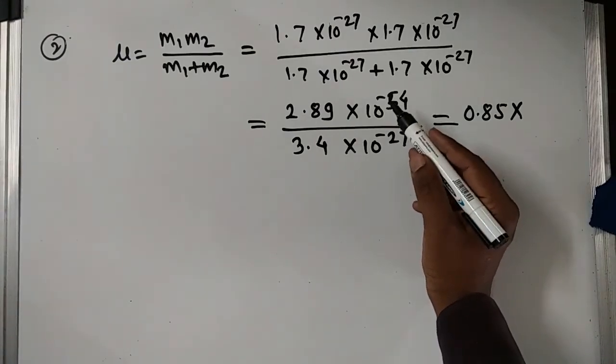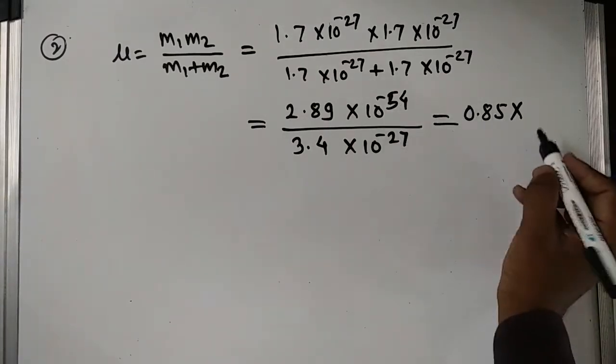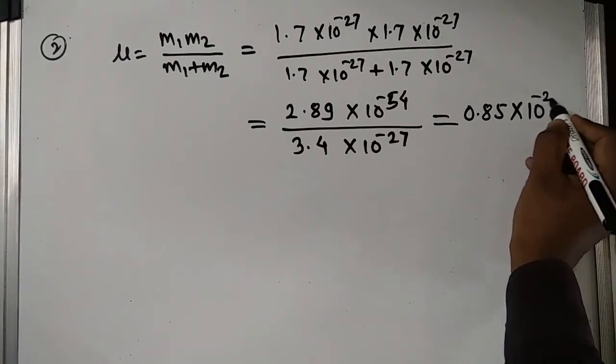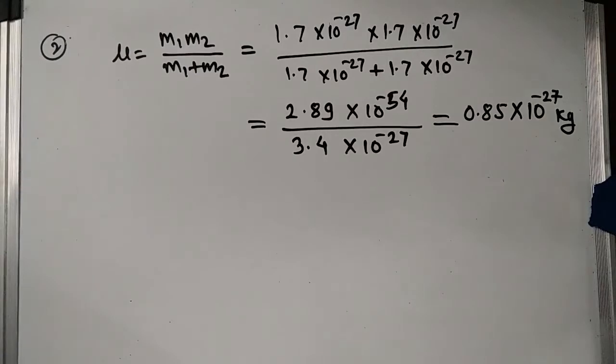So 10 raised to minus 54 plus 27 will be 10 raised to minus 27. So it is in kg. So that number is 10 raised to minus 27 kg.